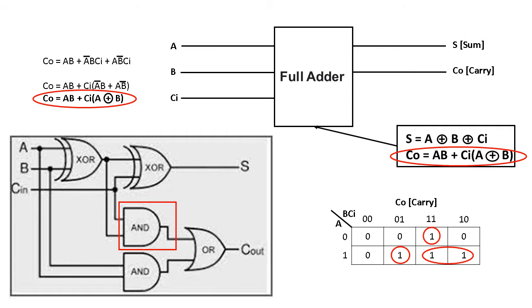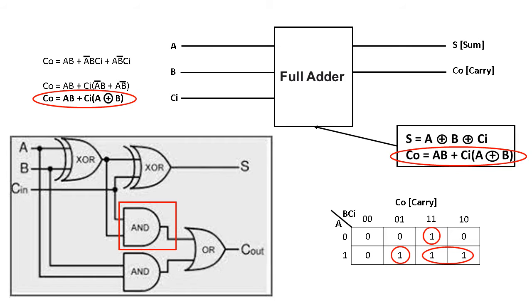The A XOR B that we achieved for the sum has been passed through the first XOR gate. That result along with the carry input we are passing through this AND gate.